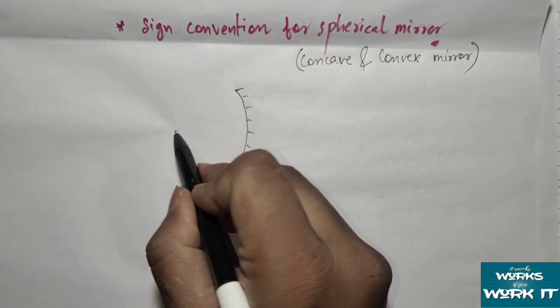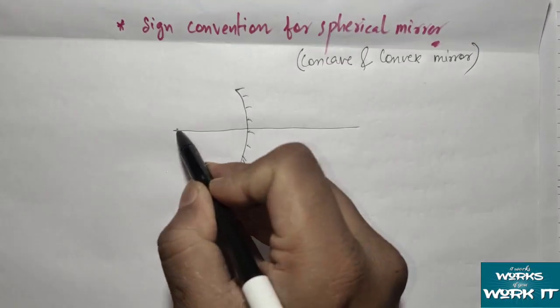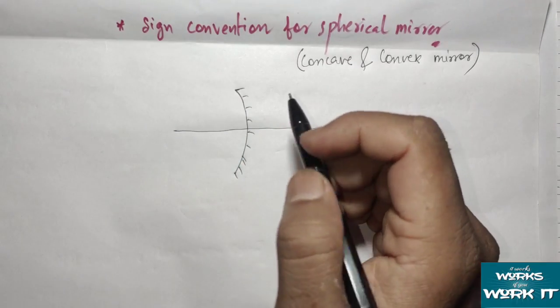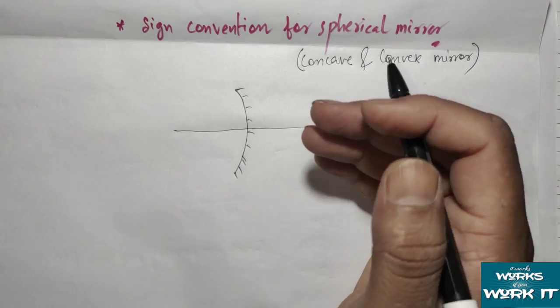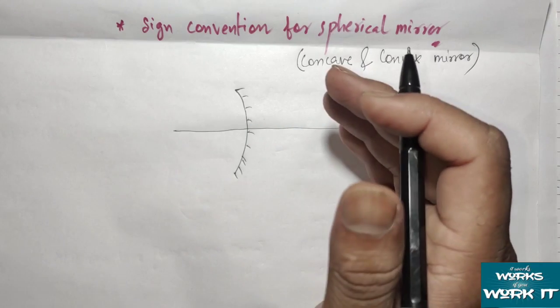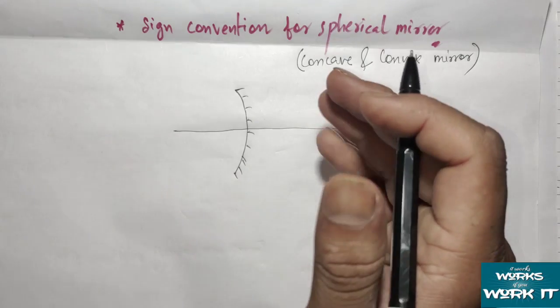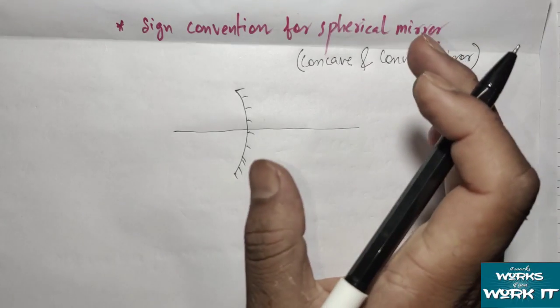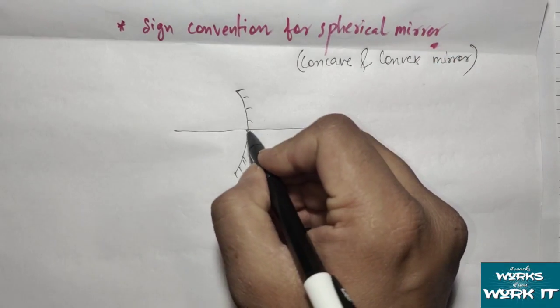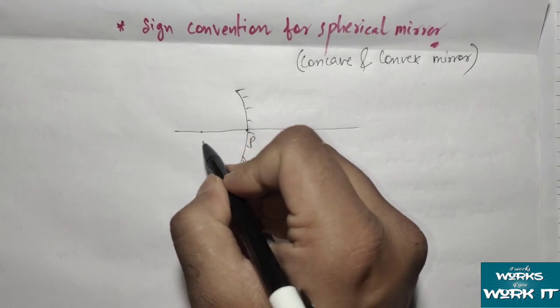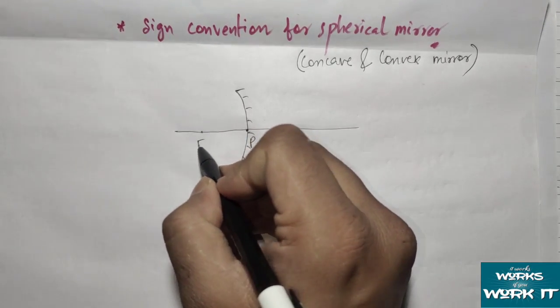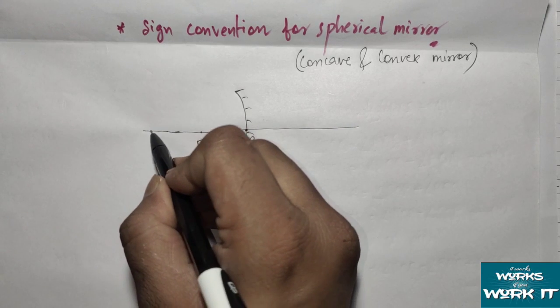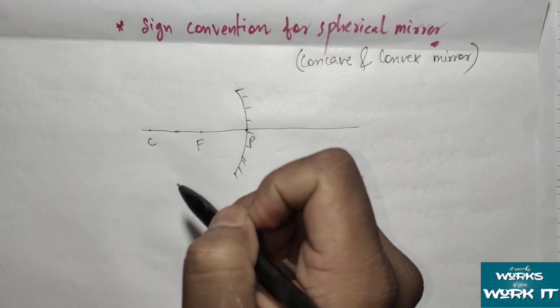Okay, so as many of the components are the same, whatever pole, principal focus, center of curvature, whatever components are there in a spherical mirror, they are the same in both concave and convex mirrors. Okay, so this is the pole, this is the principal focus, and this one is the center of curvature.